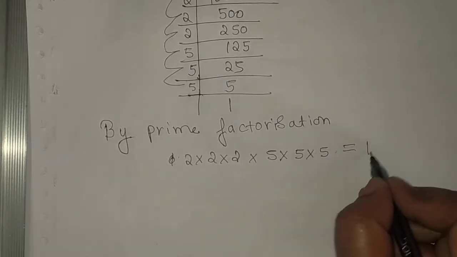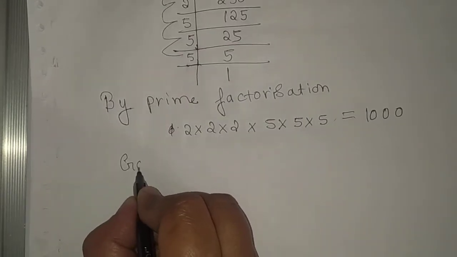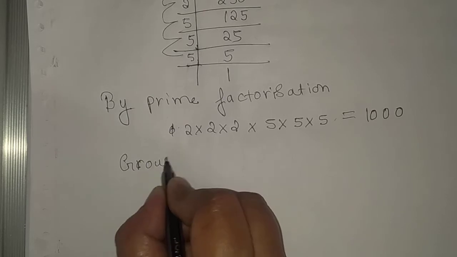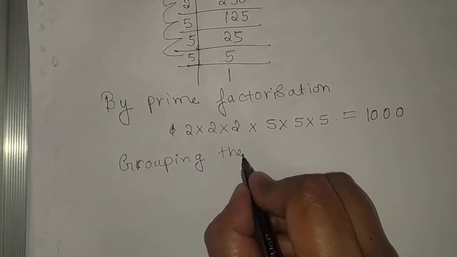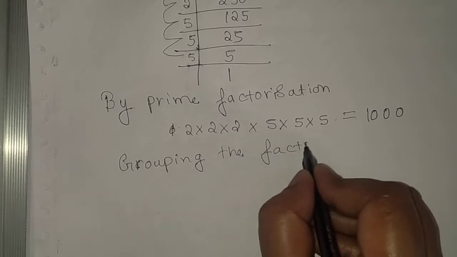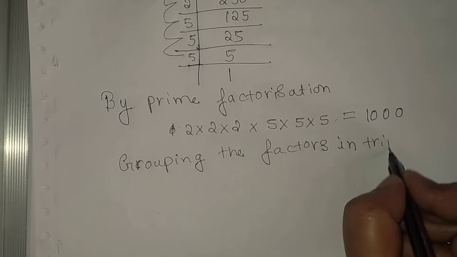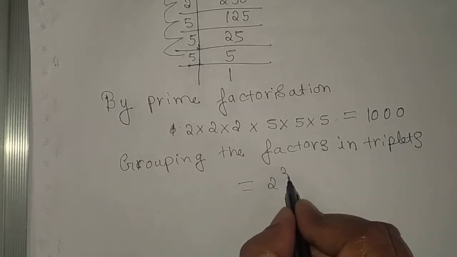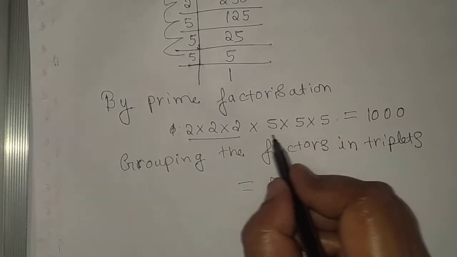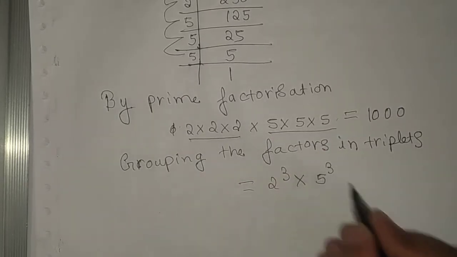So this will be equal to 1000. Next step, grouping the factors in triplets: that is this 3 one group, this 3 another group, 2 cube into 5 cube.